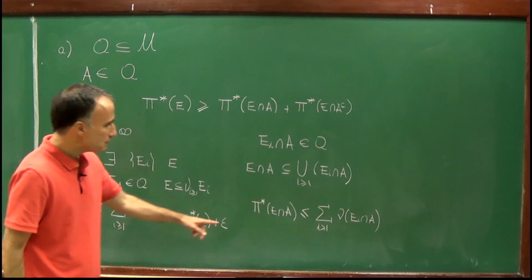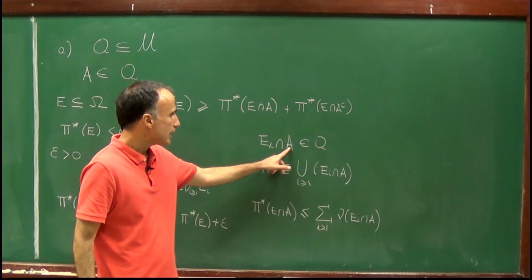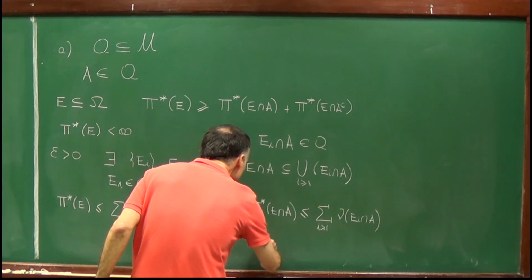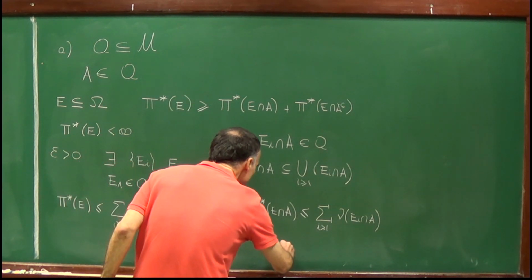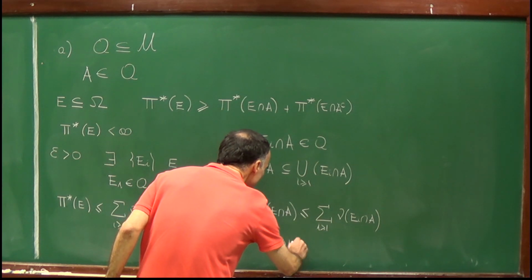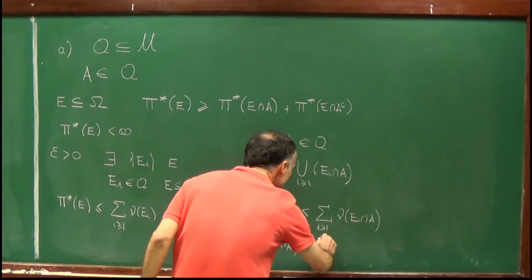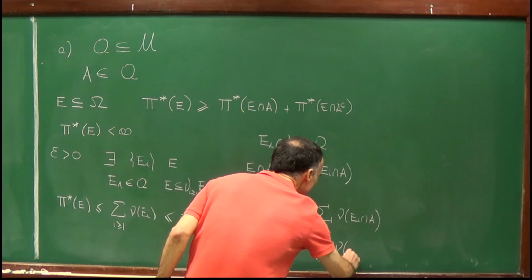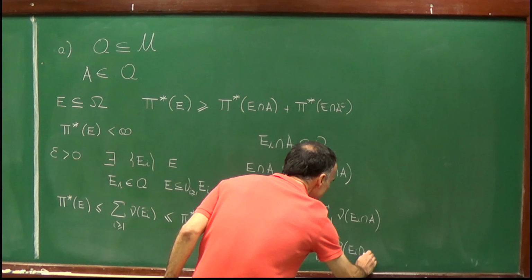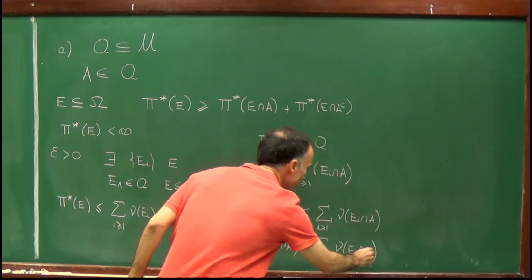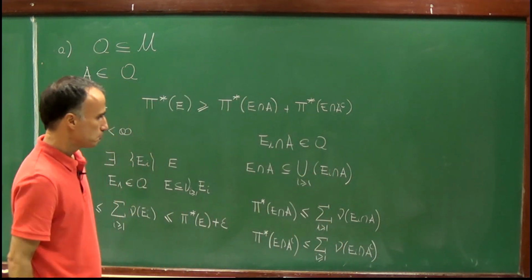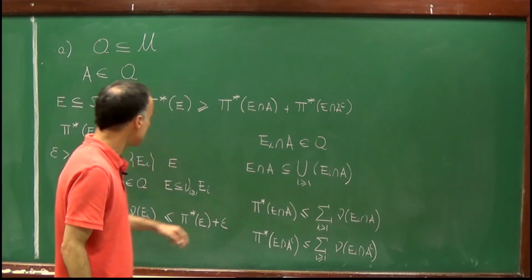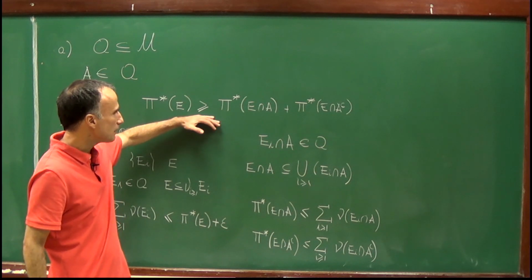Well, by similar reasons, replacing A by A complement, we can get that P star of E intersection A complement is less than or equal to the sum of nu of E_i intersection A complement. Right? So now we can conclude. Remember what we want to prove. We want to prove that inequality.